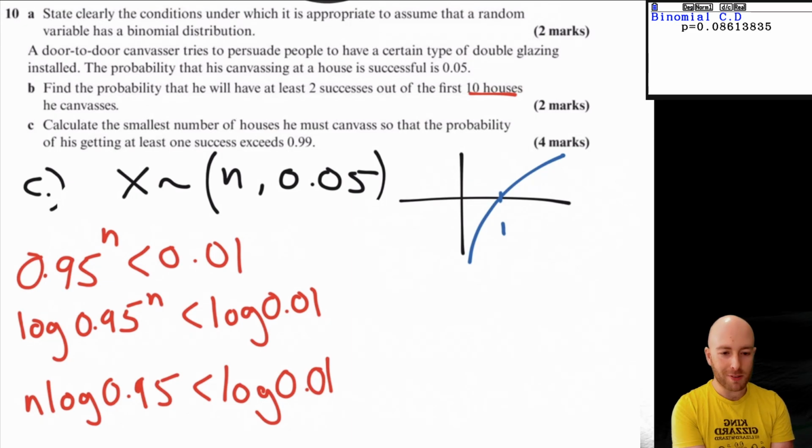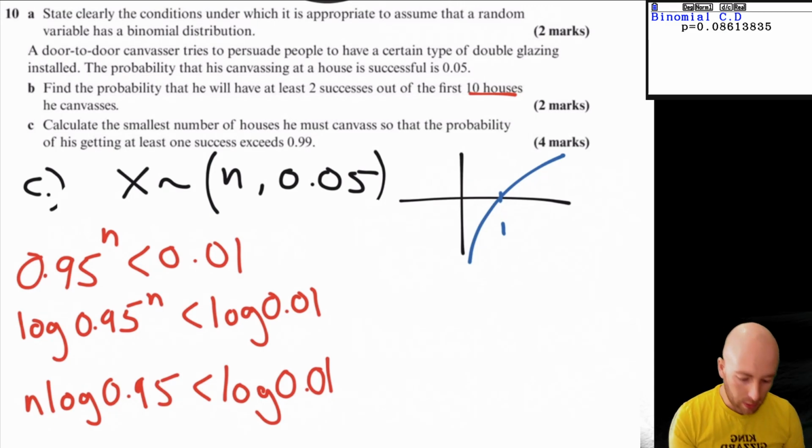Wait for you guys to respond. Is log of 0.95 negative? Type it into calculator if you want, but it's best to just know this and be able to spot it, especially from that sketch. Negative, yeah, good. So because I'm dividing by a negative, I need to swap the sign around.